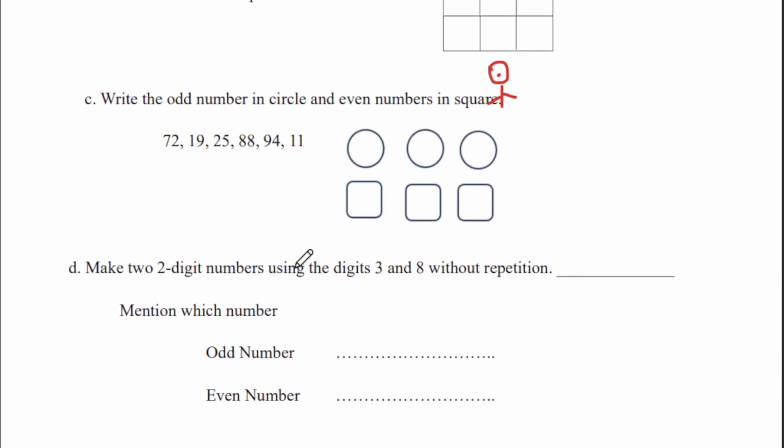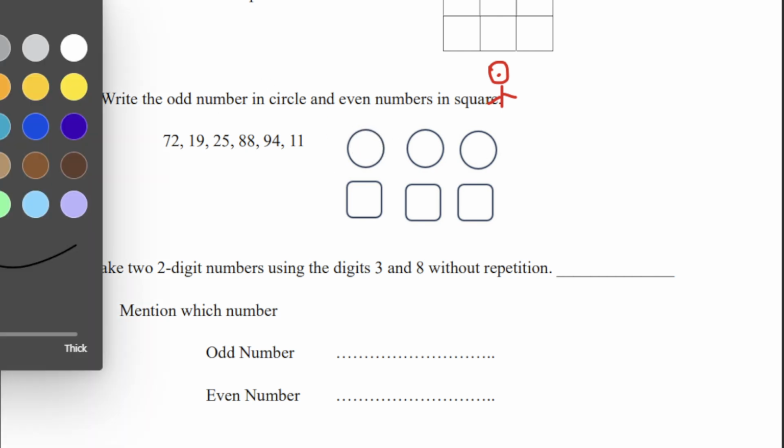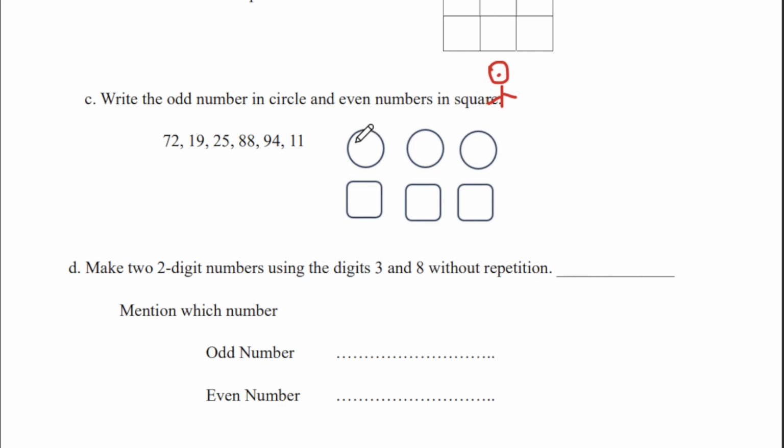Next, write odd numbers in the circle and even numbers in the square. First we will write the odd numbers. 19 is an odd number, and we have 25 and 11, odd numbers.